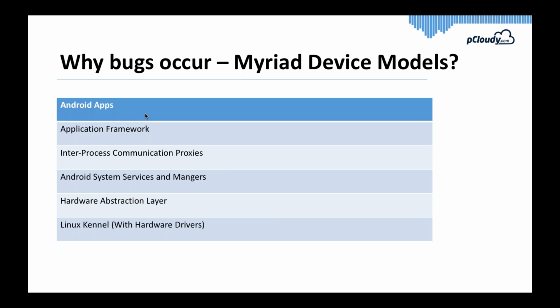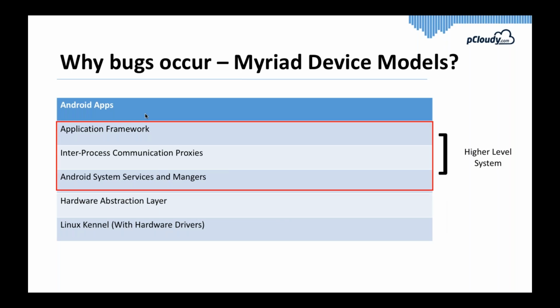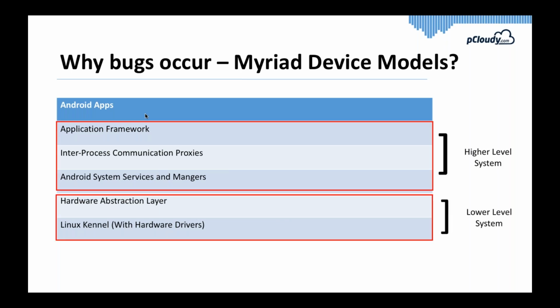To understand that, the table lists down the typical Android stack which is used by OEMs and the changes that they make. They make two kinds of changes here. The first is to the lower level system, the bottom two layers that you see, which are the hardware abstraction layer and the Linux kernel.